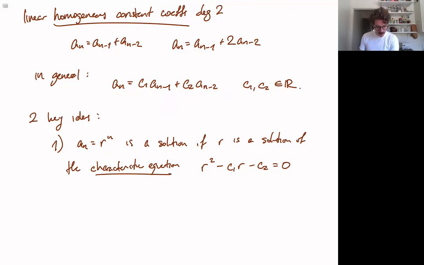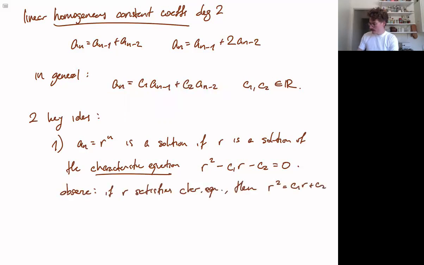It basically comes down to just taking this and substituting. So observe, if r satisfies the characteristic equation, which I will immediately start abbreviating because it is very long, then r squared equals c1 r plus c2, just by shifting these terms over to the other side.